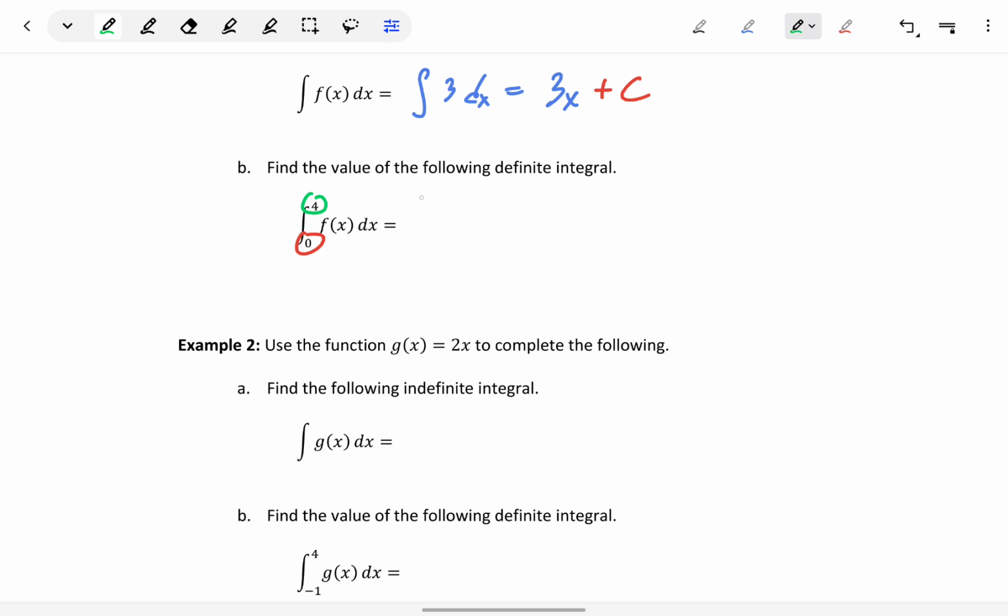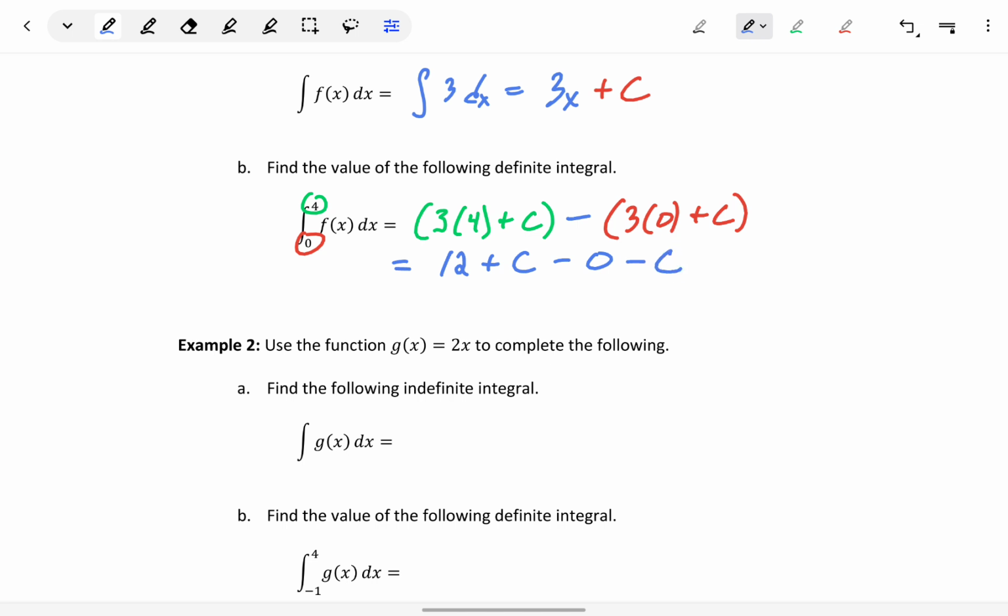That means we want to evaluate 3x plus c at x equals 4, and then we're going to subtract, evaluating that same expression at x equals 0 to get 12 plus c minus 0 minus c, because keep in mind that negative will distribute through that set of parentheses.